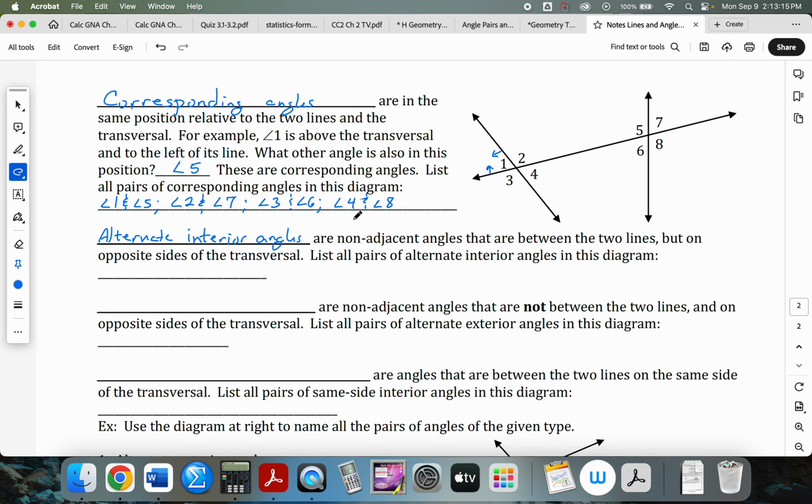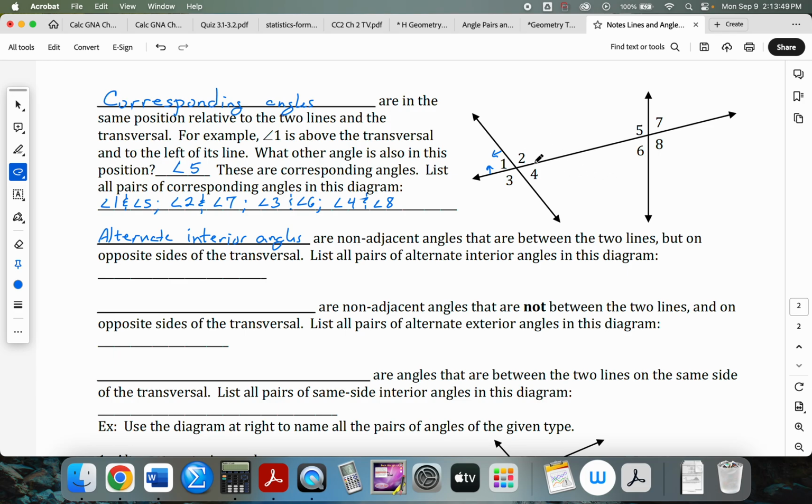So for example, you might have a diet where you alternated what you had for dinner every night. You had chicken on Monday, you had fish on Tuesday, chicken on Wednesday, fish on Thursday, and you just alternated back and forth, back and forth. That's alternating. Interior means they're in between the 2 lines. So angles 2, 4, 5, and 6 are interior angles in this diagram because they're in between.